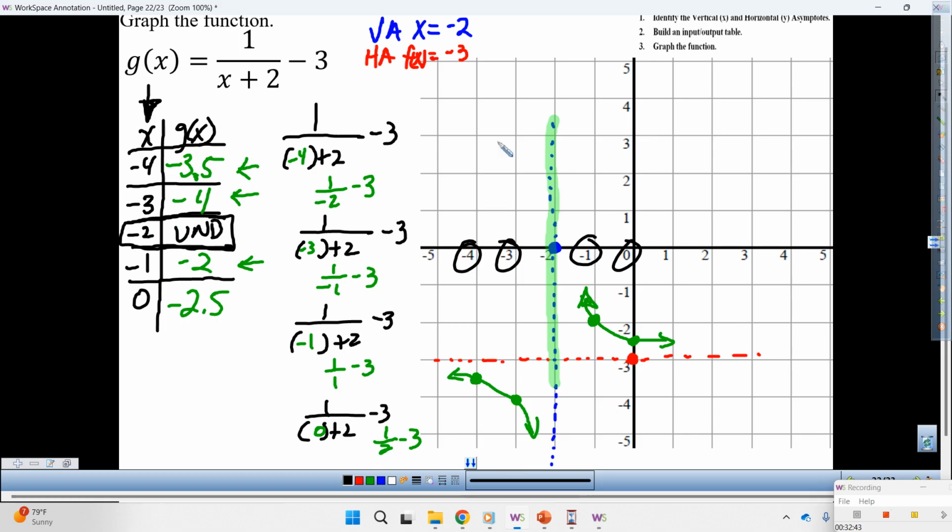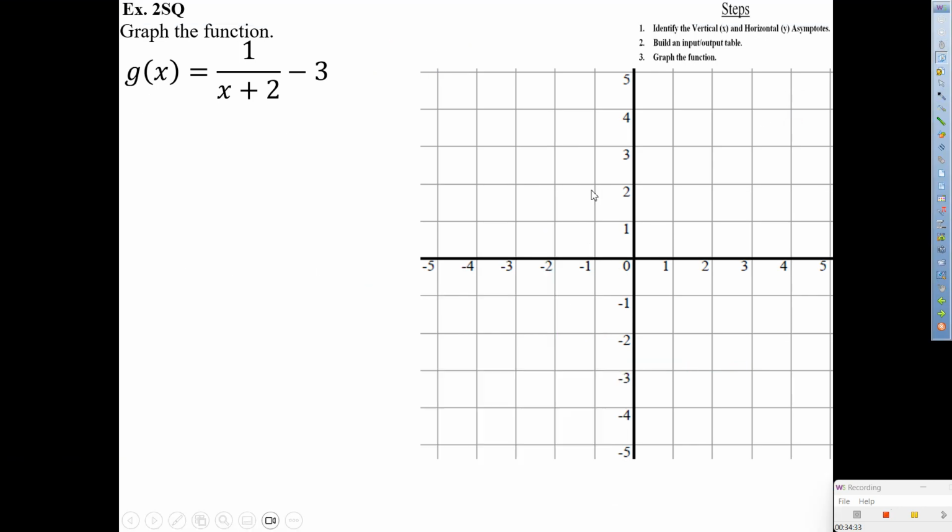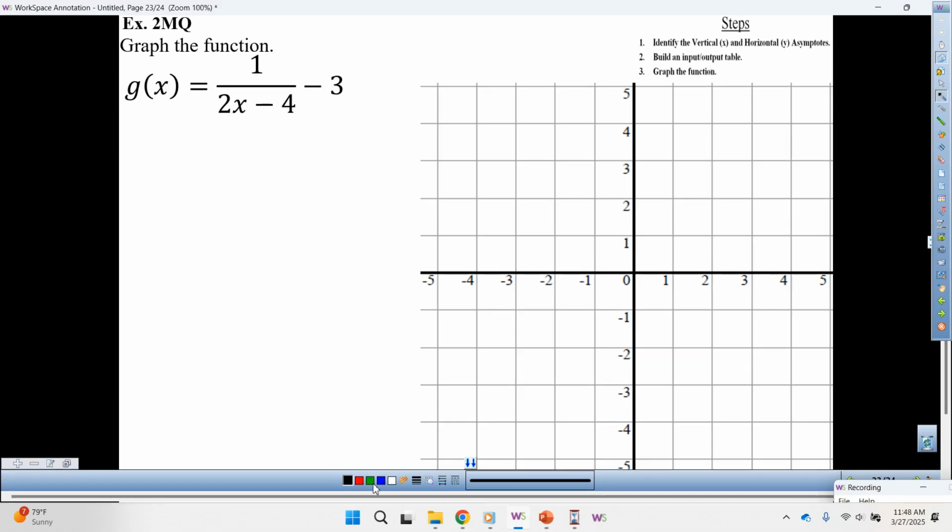All right? So, look at this one, example 2. VA, x equals.